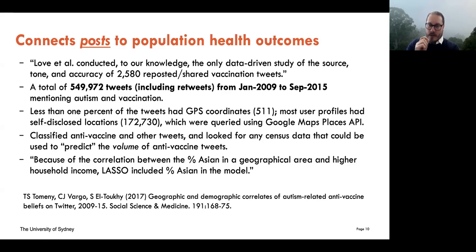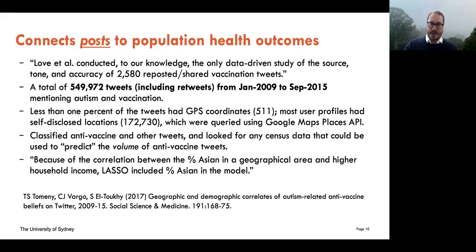They also talk about in this paper that less than 1% of the tweets had geotags or GPS coordinates, and that most user profiles had location information that they could then query using Google Maps to guess where they were. Essentially, they took the user profile information, put it in the Google Maps API, and whatever location was returned, that was the location they assumed the people came from.